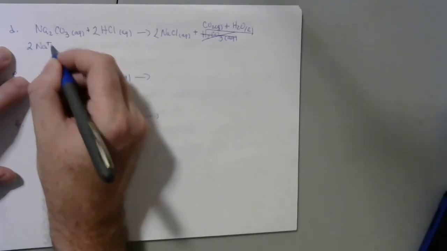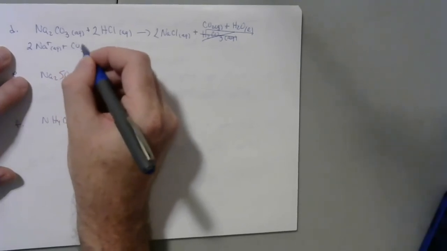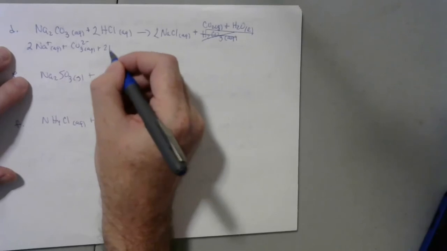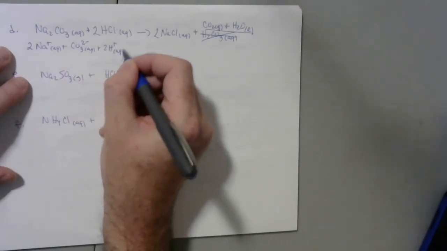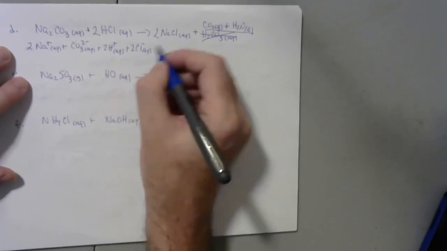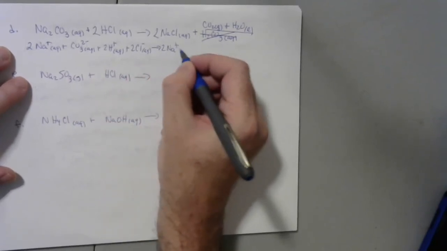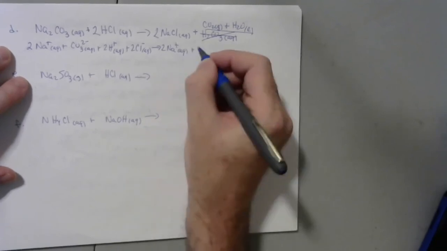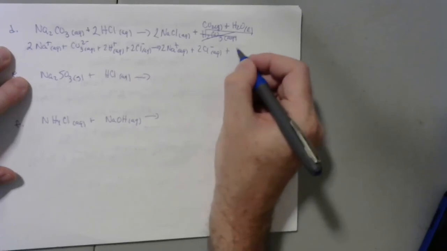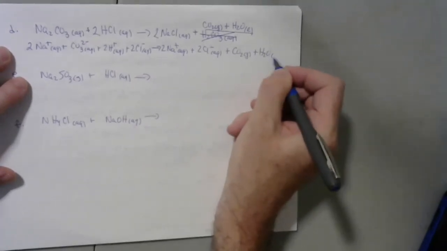2Na+ aqueous plus CO3 2- aqueous plus 2H+ aqueous plus 2Cl- aqueous reacts to form 2Na+ aqueous plus 2Cl- aqueous plus CO2 gas plus H2O liquid.